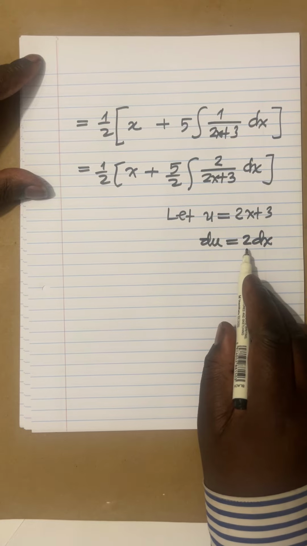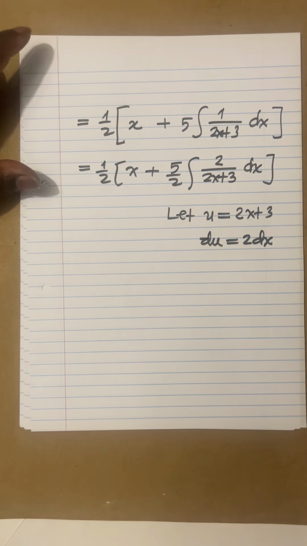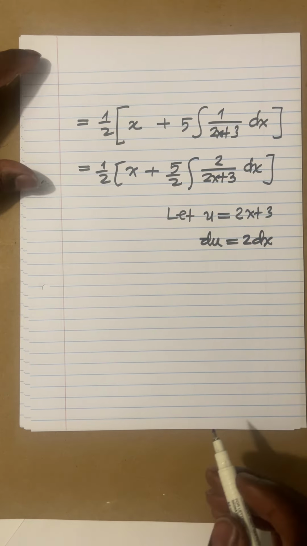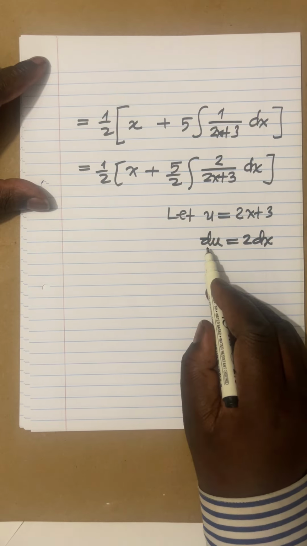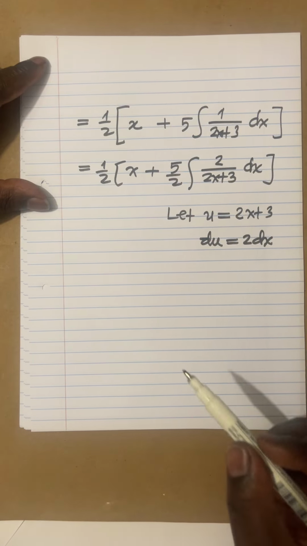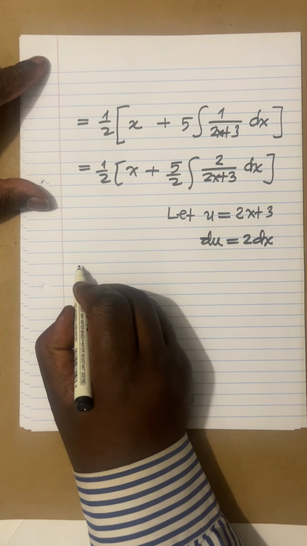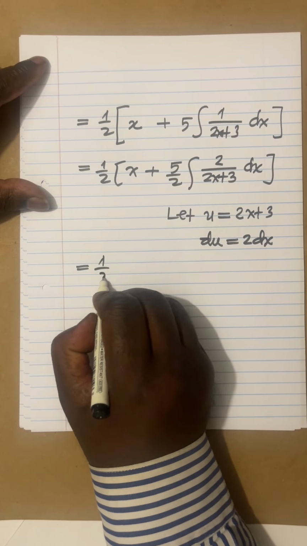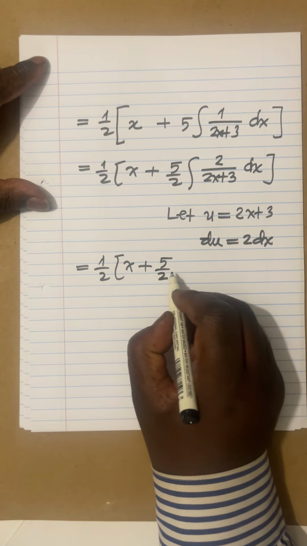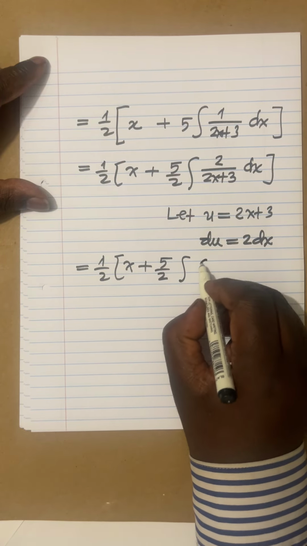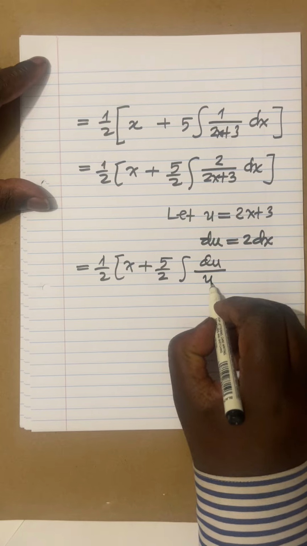Remember, du dx equals 2, and then multiply by dx both sides. That's what you're going to get. And if you look at 2 dx up there, I can have du there. So now what I have is 1 over 2 outside, and then I have x plus 5 over 2, and then I have the integral of du over u.